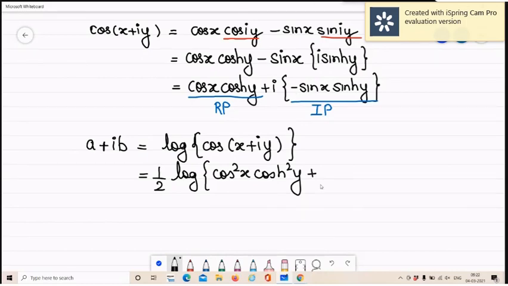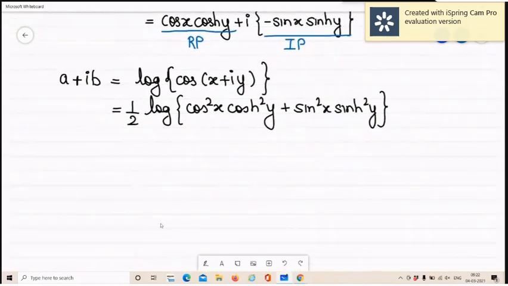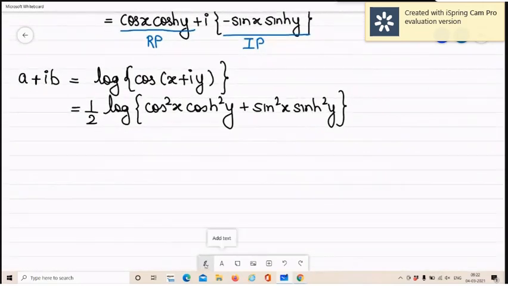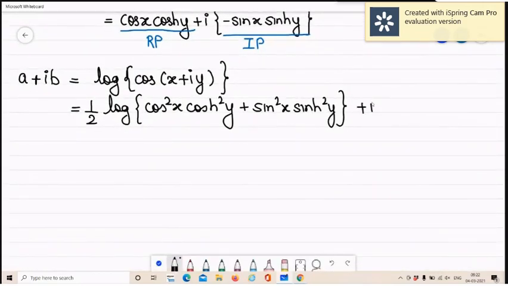So that minus also becomes plus. Plus i tan inverse of y by x, that is minus sin x sinh y upon cos x cosh y.